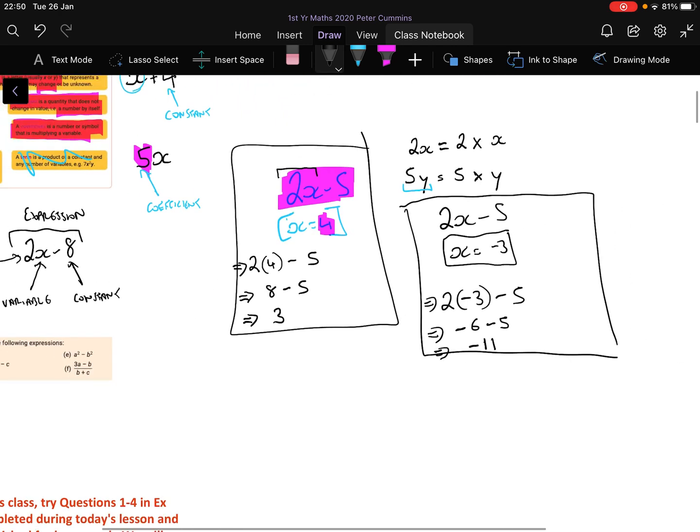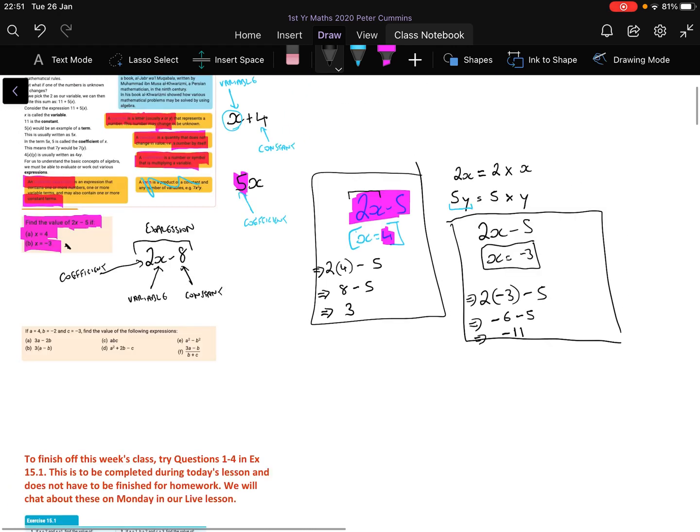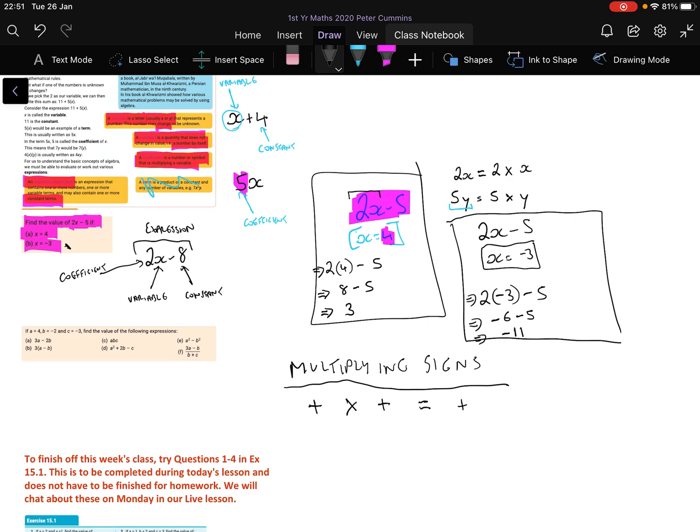Like that. I just want to put in a box just to give you a rule, because some of you might be confused on how I got that. Multiplying signs: a plus multiplied by a plus gives you a plus. A plus multiplied by a minus gives you a minus. A minus multiplied by a minus gives you a plus.